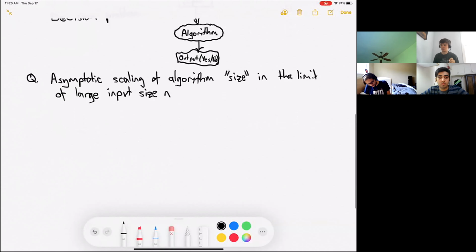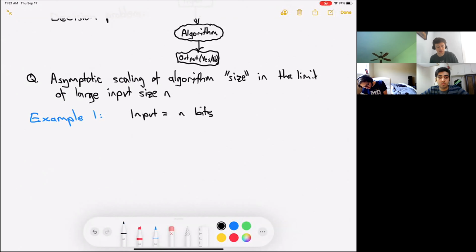So let's see a very simple example. A decision problem where you can actually determine the complexity, which is the following. The input is going to just be n bits. Okay.